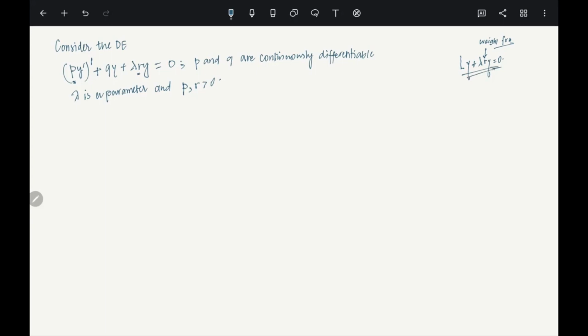Again, please remember p has to be positive, the first coefficient p in (p y')', and the weight function r, which goes along with lambda, also has to be positive. These two conditions are vital for this to work.